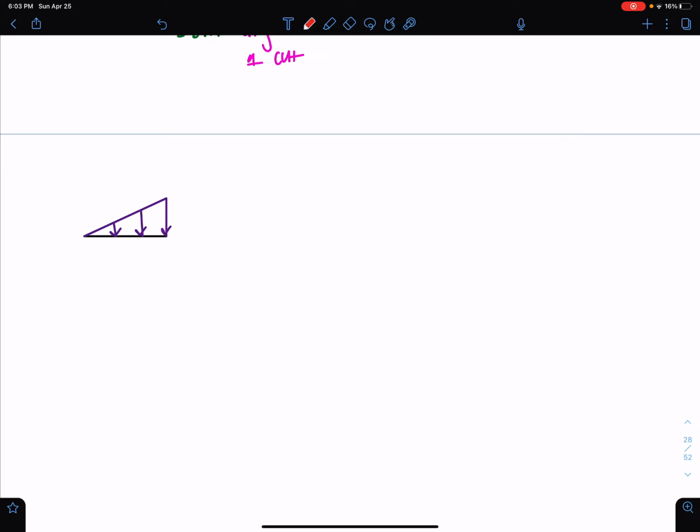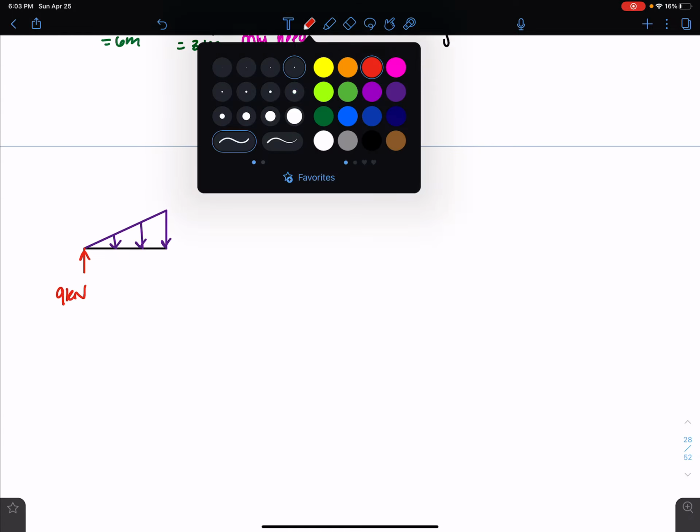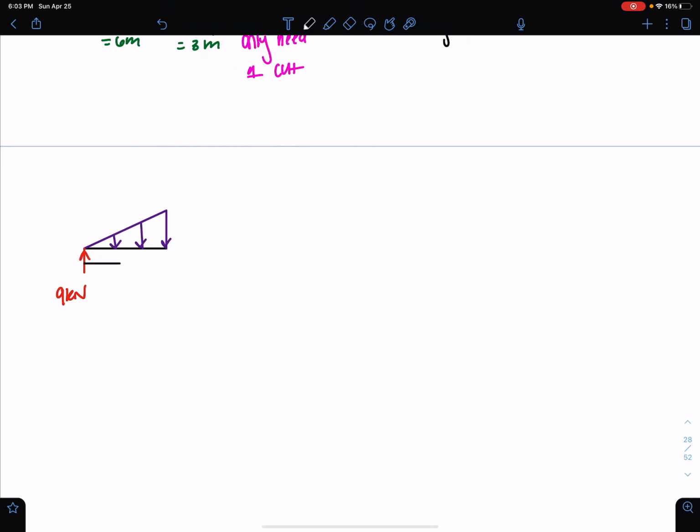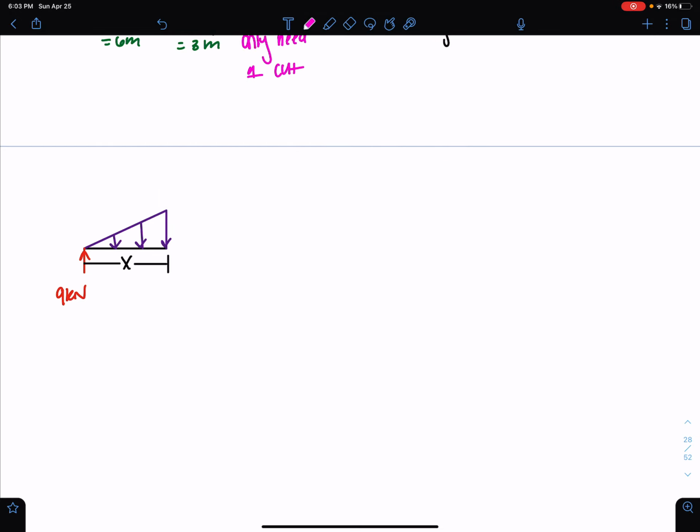We have 9 kilonewtons from the reaction AY. And this cut is made some distance X away from point A. And of course, whenever we make a cut, we expose our shear and moment. So we have Vx and Mx that we've exposed.